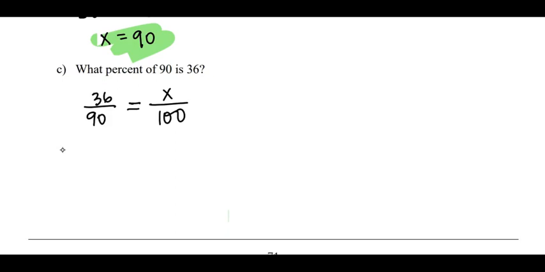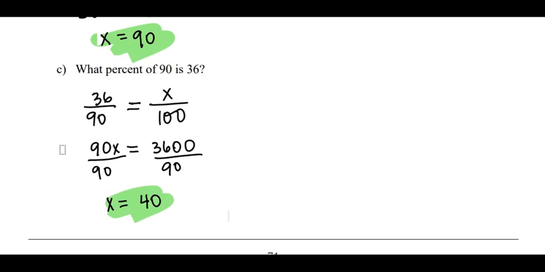You have 36 over 90 equals x over 100. So we have 90x equals 3,600. Divided by 90, I would do 360 divided by 9, so x equals 40. This time, it's actually 40%.